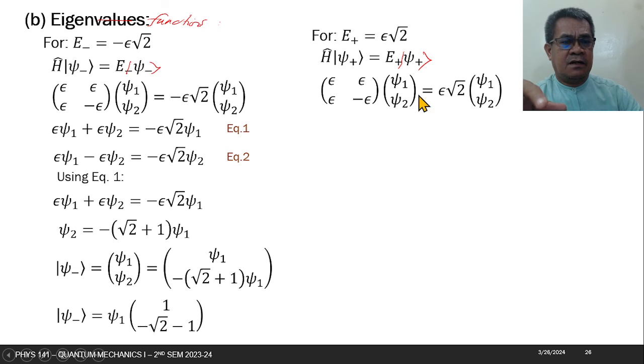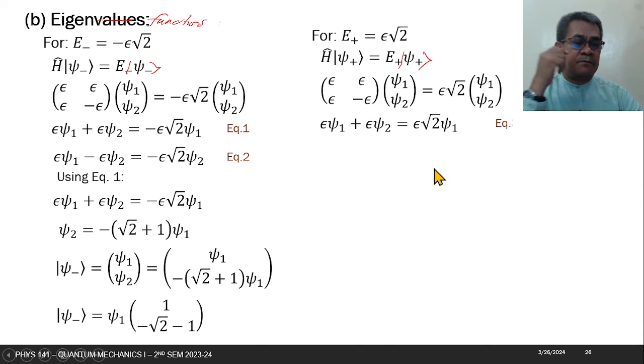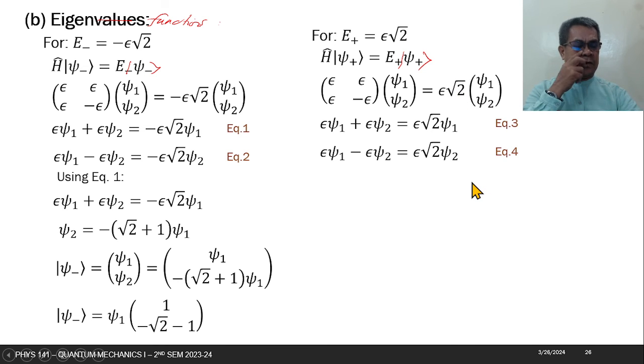So then find the two equations by multiplying this one with that, and this one, and this should be equal to this energy multiplied by psi 1, our first equation, equation 3. Then another equation is, you can do it, this one, E times psi 1, negative epsilon times psi 2, and this should be equal to this one, energy times psi 2. So we have equation 4.